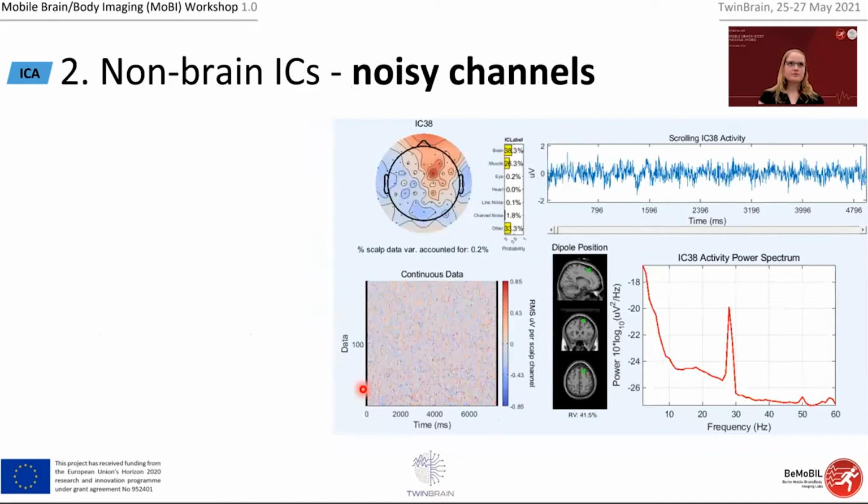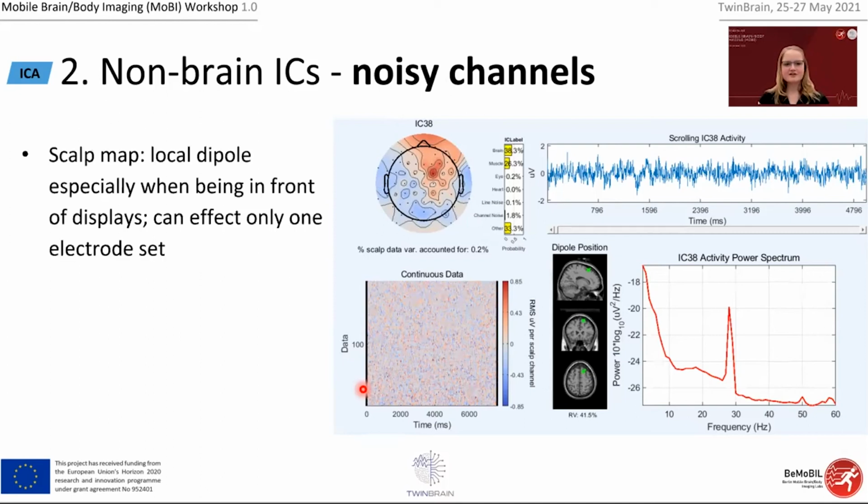Okay, so I want to proceed to some noise that we can experience in our data sets. This pattern I found pretty often in different data sets that have more than 32 channels.